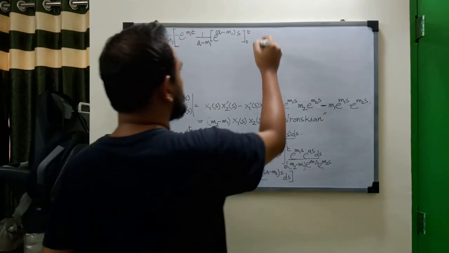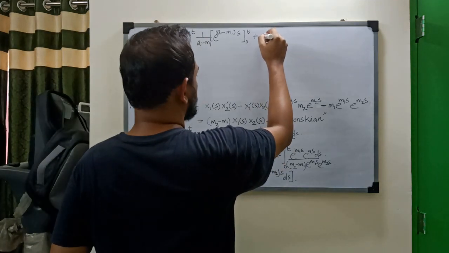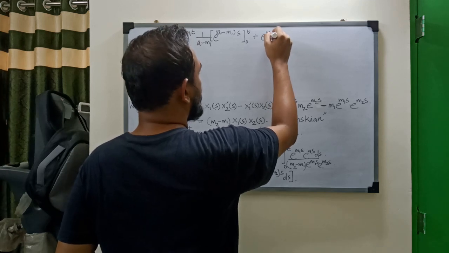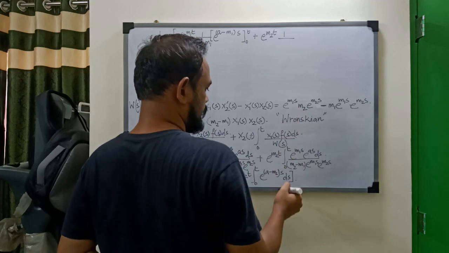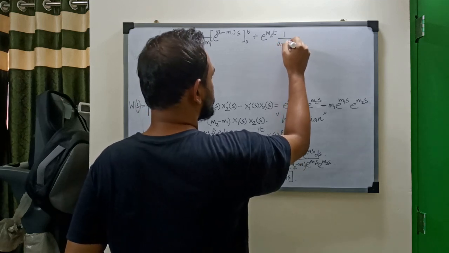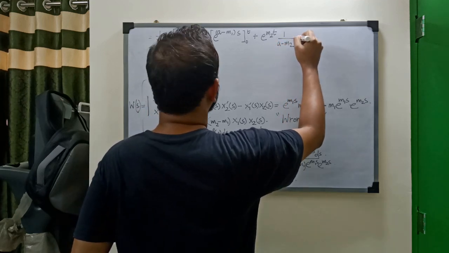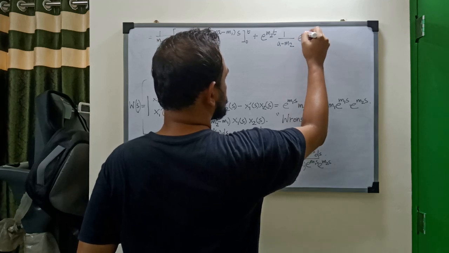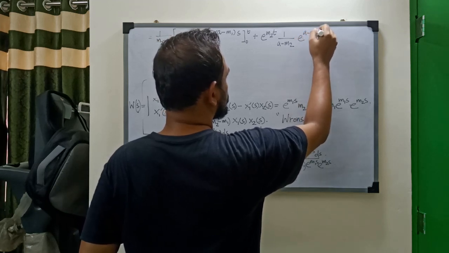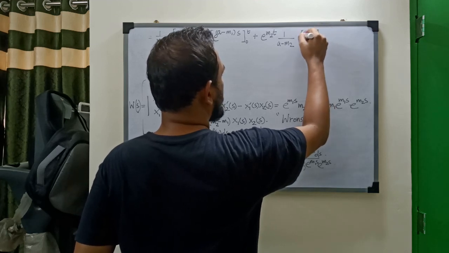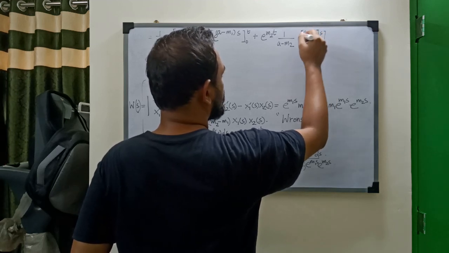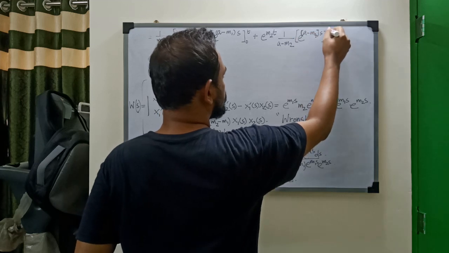And the same thing is happening here. It's e to the m2t, 1 over a minus m2, e to the a minus m2 s, integrated with limits 0 to t.